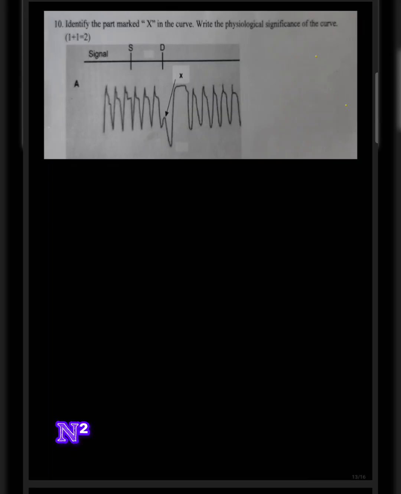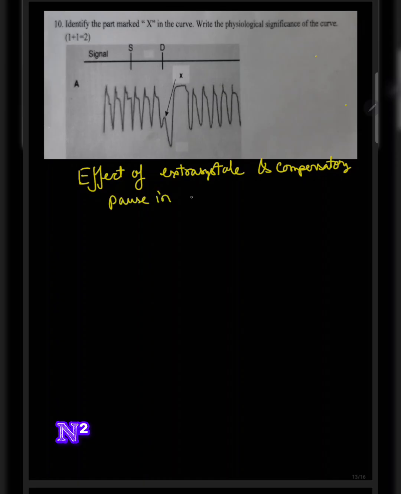So then the next question is, identify the part marked X in the curve, write the physiological significance of the curve. So this curve is showing you the effect of extrasystole and compensatory pause in the cardiogram of frog.